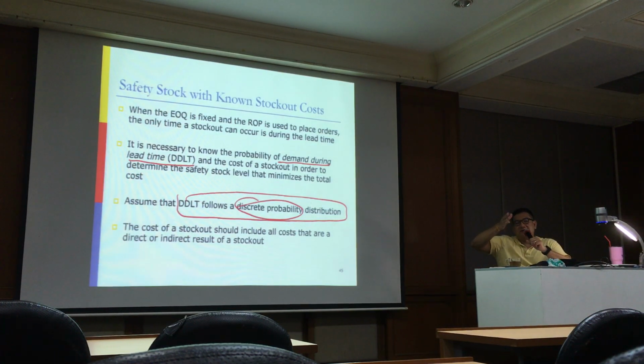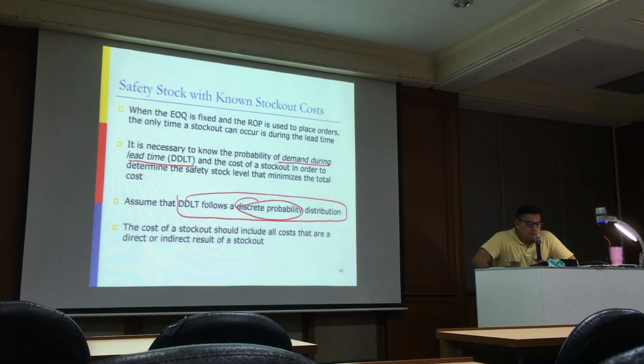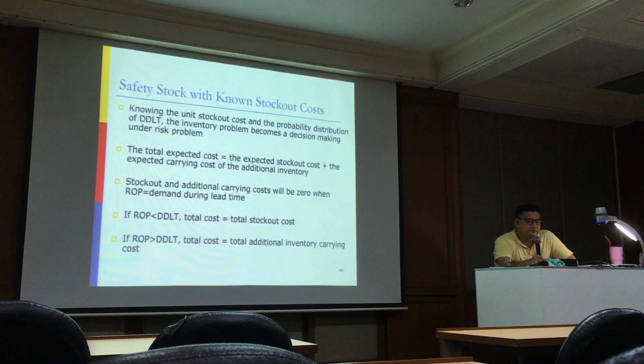It's not a continuous number, and it has no decimal point or fraction. It's just a discrete number. And the stock out cost includes all the costs, both direct and indirect. And for sure, as I mentioned, we're going to use the concept of decision making under risk.